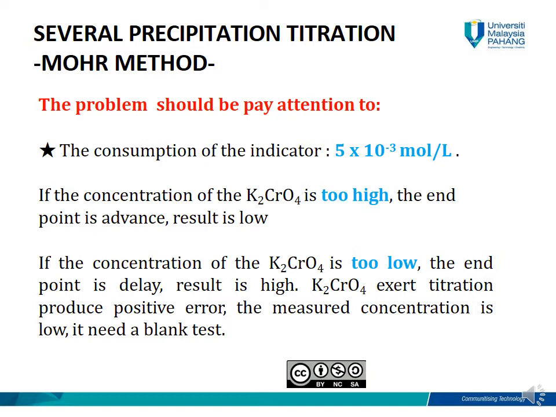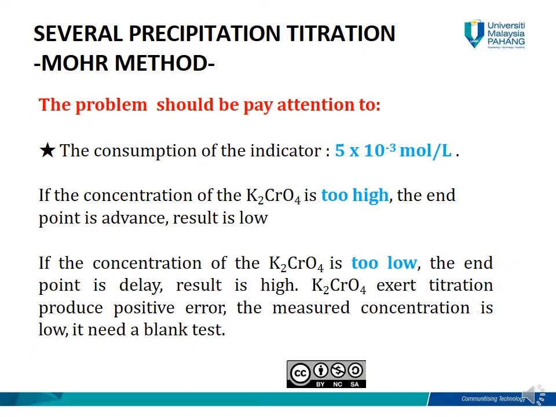And you cannot see the buffer reagent in your titration curve. Whereas if the concentration of indicator is too low, the endpoint will be delayed and it will take a lot of time for you to determine the endpoint.